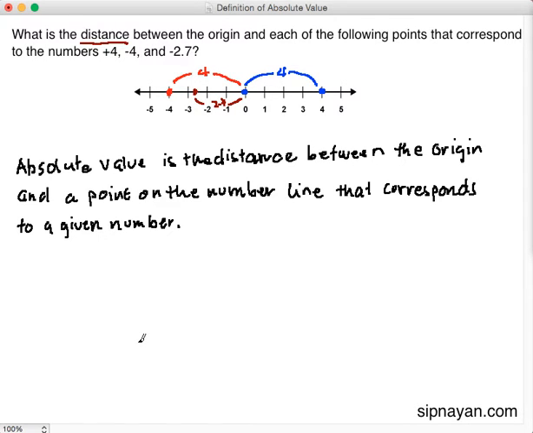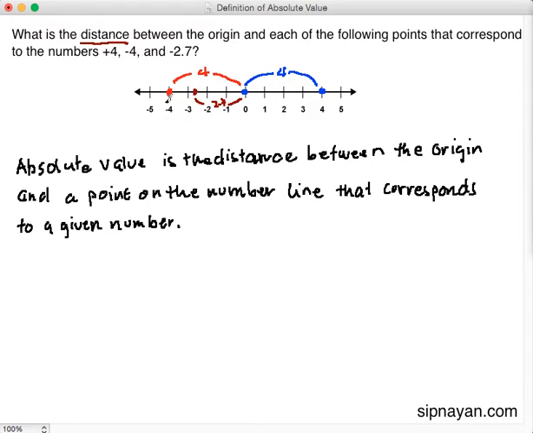And kung mapapansin ninyo, ang absolute value, as I have mentioned earlier, is always positive. So, kung sa negative numbers, kung mapapansin niyo, as we go to the left, the number becomes smaller and smaller. So, ibig sabihin, negative 5 is less than negative 4.